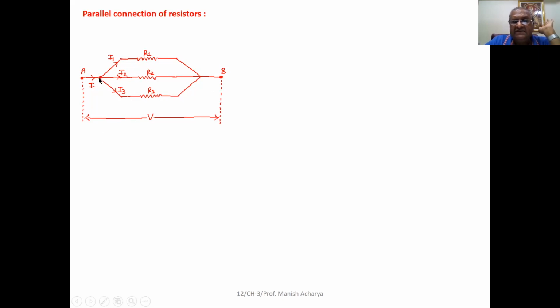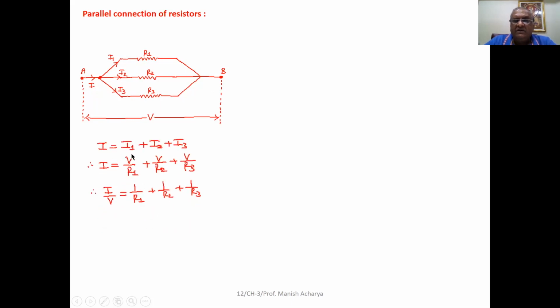Now see here, at this junction, total current I is distributed as I1, I2, I3. So we can write I equal to I1 plus I2 plus I3.